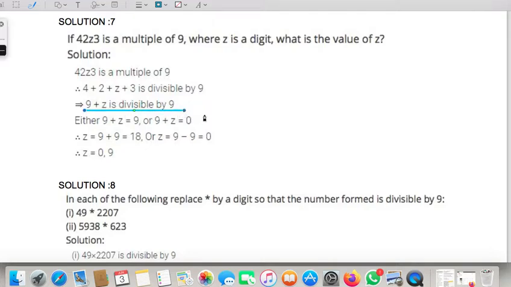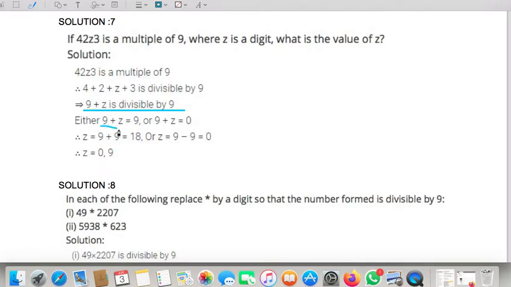If it is divisible by 9, then what can Z be? As I discussed, 9 ones are 9, 9 twos are 18, 9 threes are 27 like that. So we know that these are all divisible by 9: 9, 18, 27.